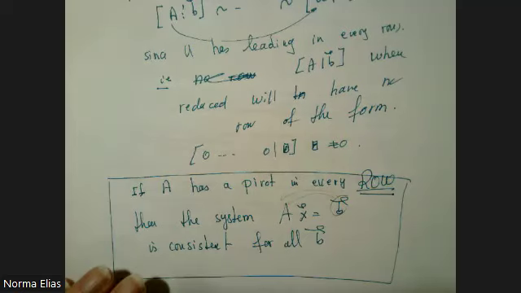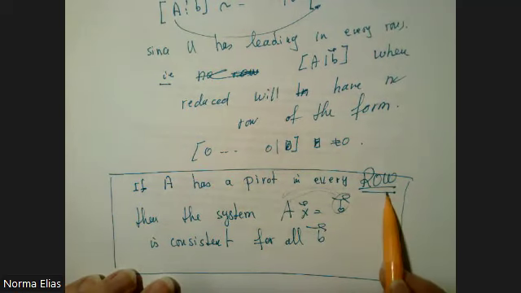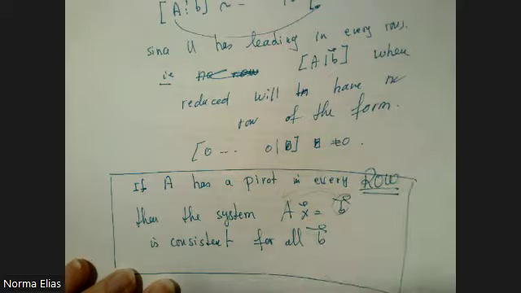All right. So a pivot in every column guarantees uniqueness if we have consistency. For existence, if A has a pivot in every row, then we always have a solution. Okay. So now the question is, what happens if we don't have a pivot in every row?